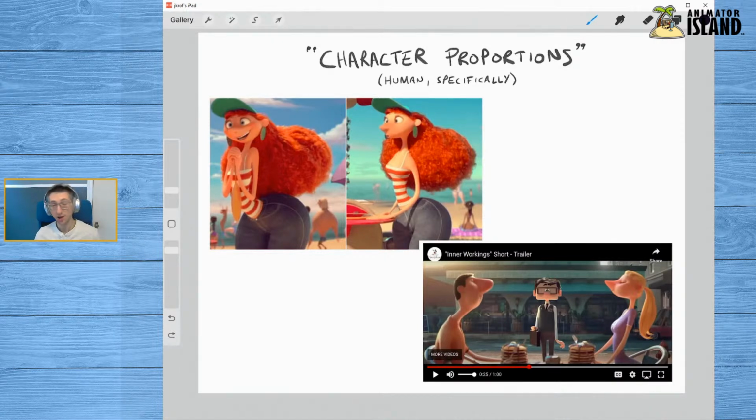Let's talk for a second about this whole outrage with Disney and the body type of this particular character. Okay, so it is unlikely that any animator or character designer who worked on Inner Workings sat down and thought, you know what I want to do?